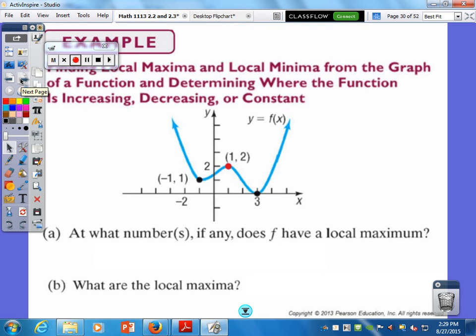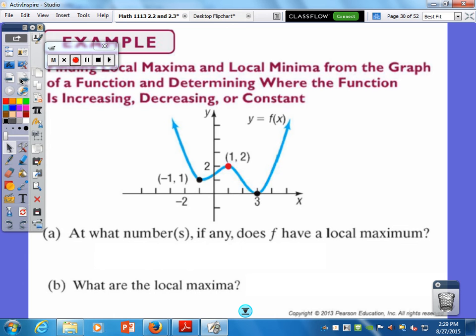So it asks you to find the local maxima and local minima from the graph of the function and determine where the function is increasing, decreasing, or constant. So do you notice it has endpoints, or it has arrows at the ends? So we're going to be looking between some boundary values for minimum.